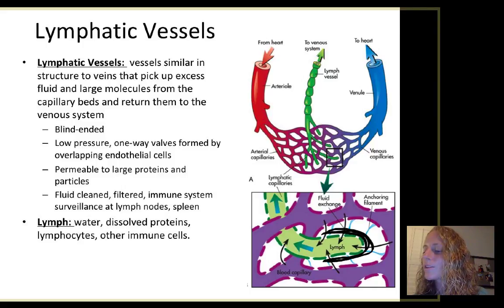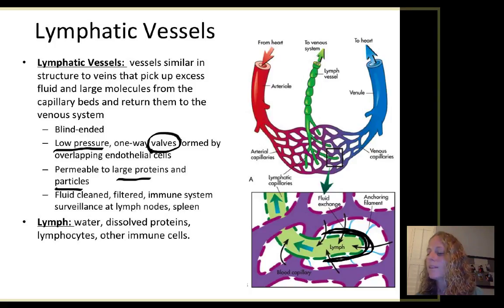They're very low pressure, just like veins. So they also have valves, like veins do. They're permeable to large proteins and particles. And so this can clean and remove these substances from the interstitial space.